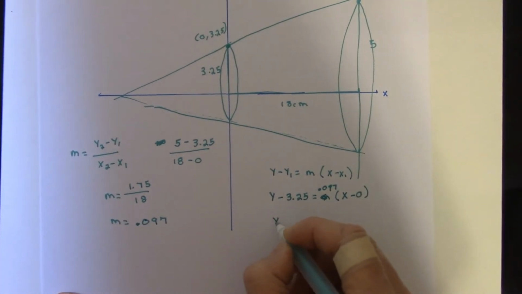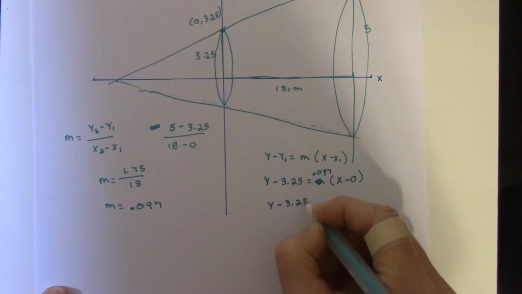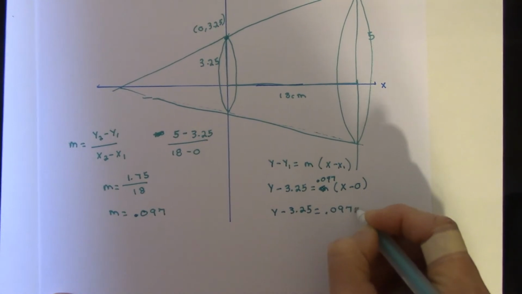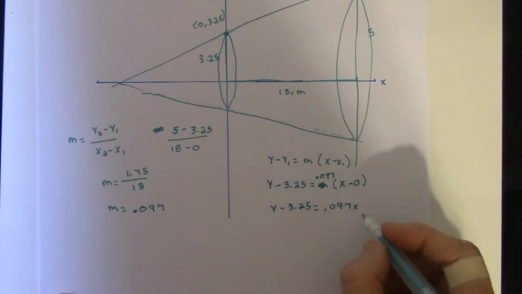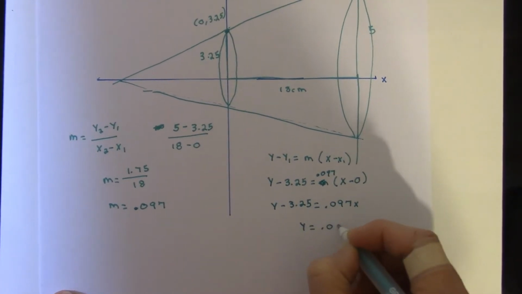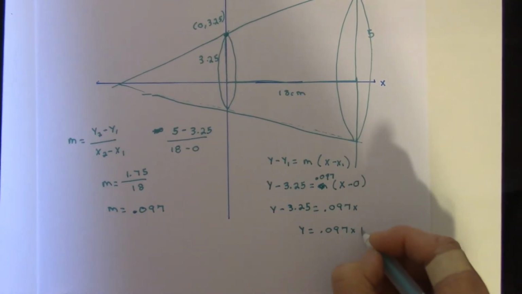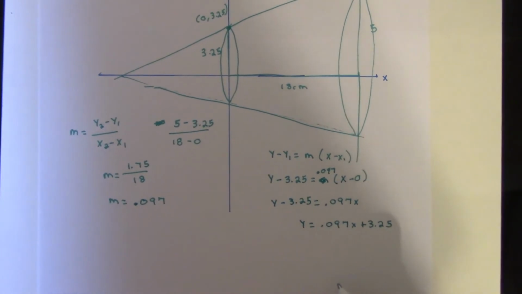I'll rewrite it: y minus 3.25 equals 0.097x. Bring the minus 3.25 to the other side, and I get y equals 0.097x plus 3.25. So that's my equation.